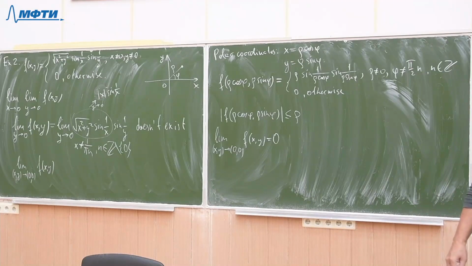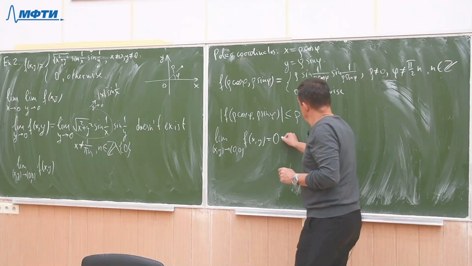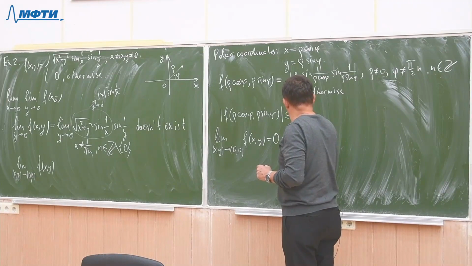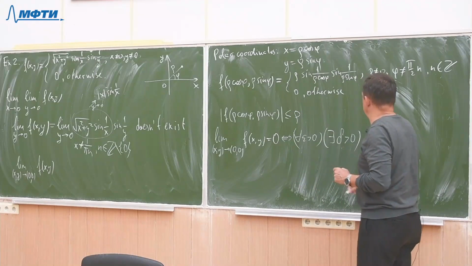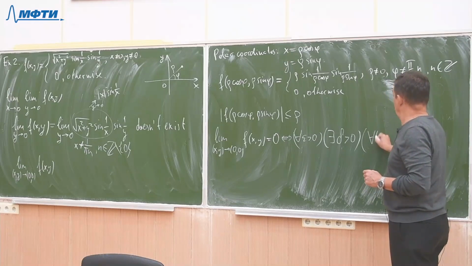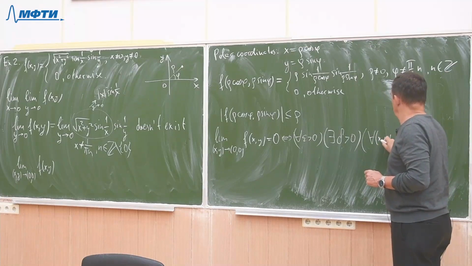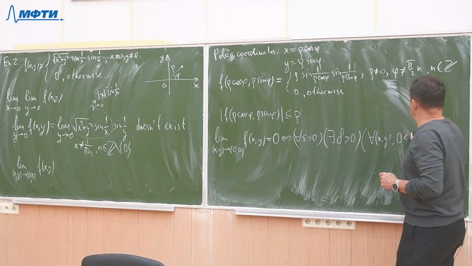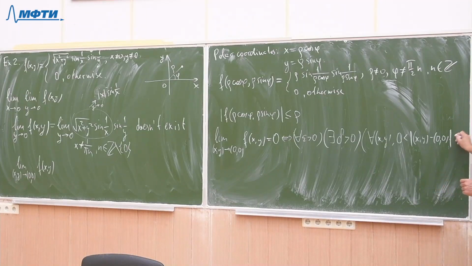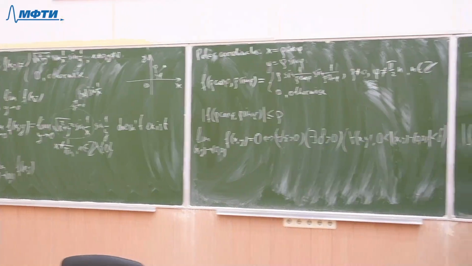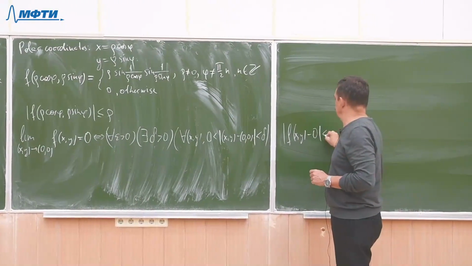Now it's better to use the Cauchy definition. So what is it? By definition, for arbitrary epsilon greater than 0, there exists delta greater than 0, such that for all x, y which satisfy the following restriction, I want to have modulus of f of x, y minus 0 less than epsilon.